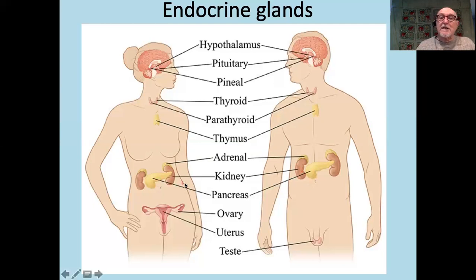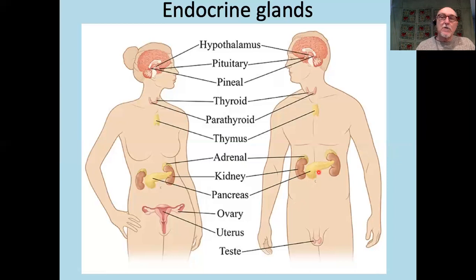The pancreas is a very complex organ. I talked about it a minute ago as being an exocrine gland. It does have exocrine glands which produce exocrine fluids, especially digestive fluids.